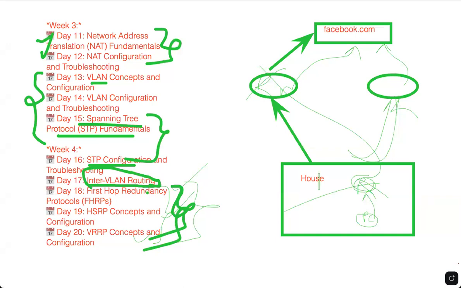Now, if one path fails, there should be another path available. Remember, I gave an example of going to Walmart. If one path is busy, your Google Maps will automatically point to a different path. Let's say you miss an exit, it will automatically reroute you dynamically. You don't have to reselect your destination. That dynamic mechanism is done with dynamic routing protocols. If your primary path fails, it will automatically adjust to your secondary path. Okay.